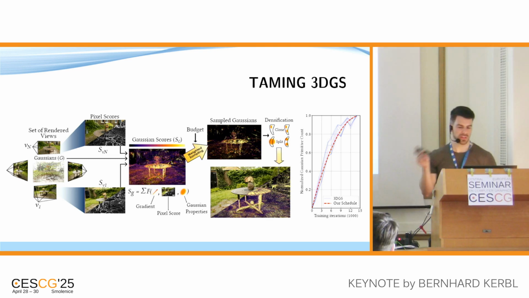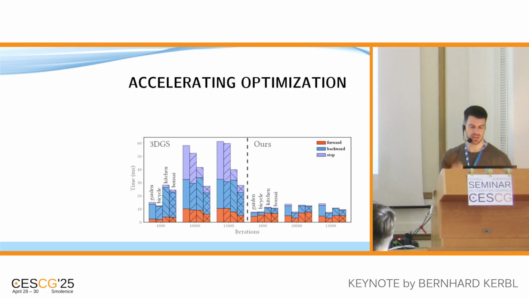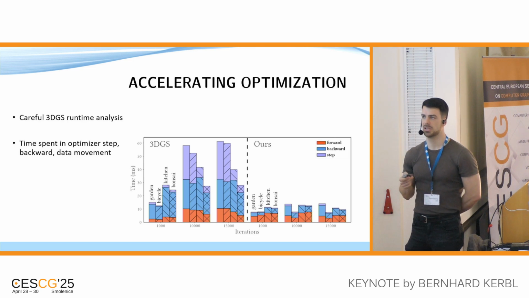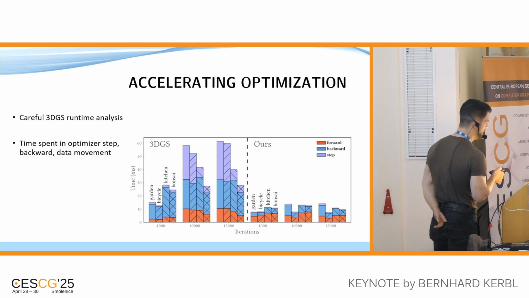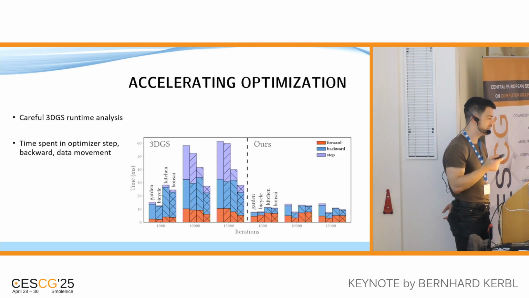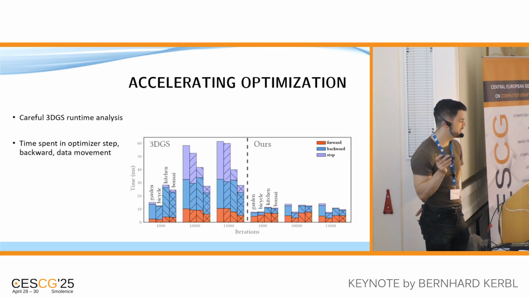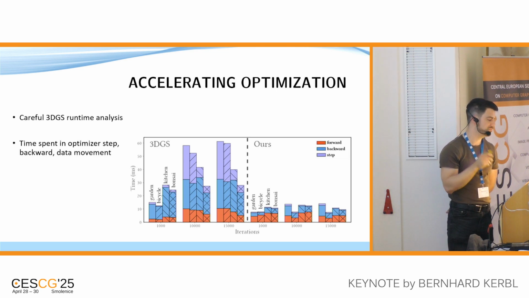Also, the training is now significantly faster with some optimizations that we made through careful 3D Gaussian splatting runtime analysis. So basically, we took a look at the entire process and figured out where the time for training is effectively being spent. And we found there's some significant and quite unnecessary overhead in optimization steps, in the backward propagation of gradients, and also in data movement.